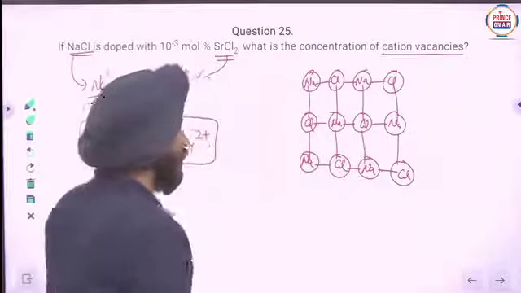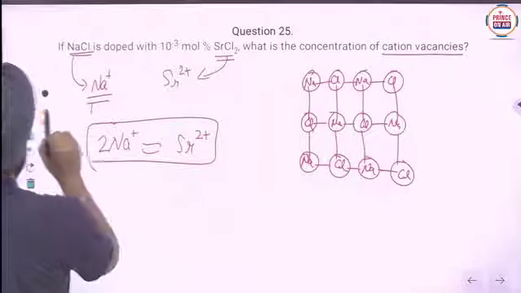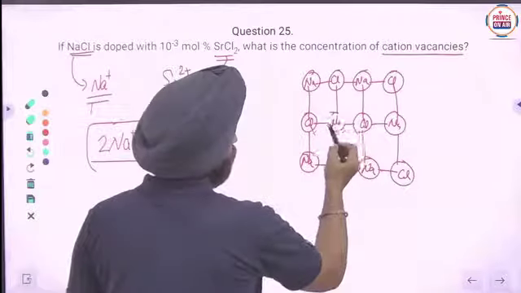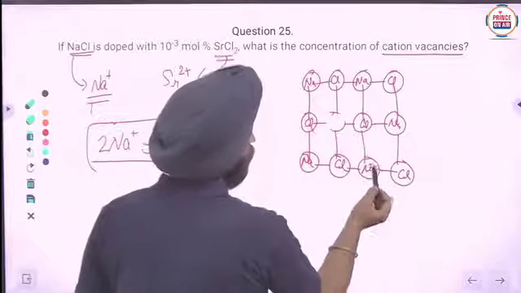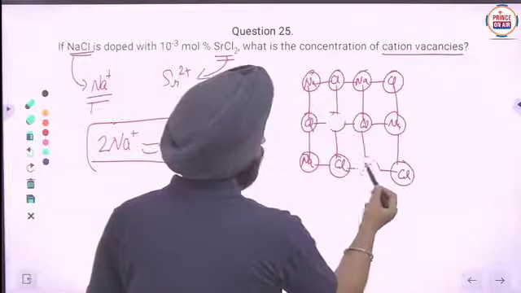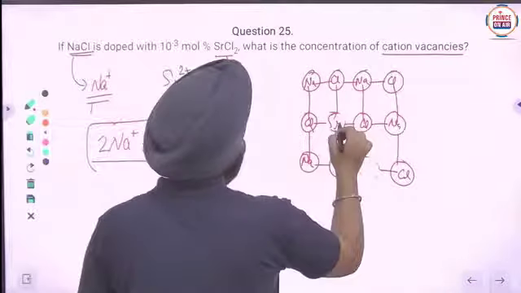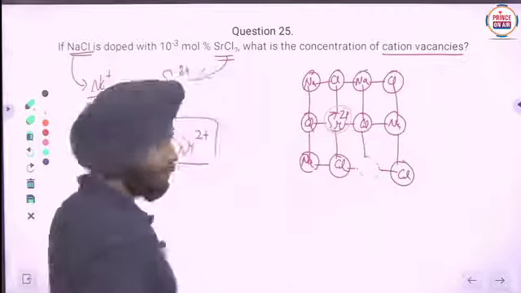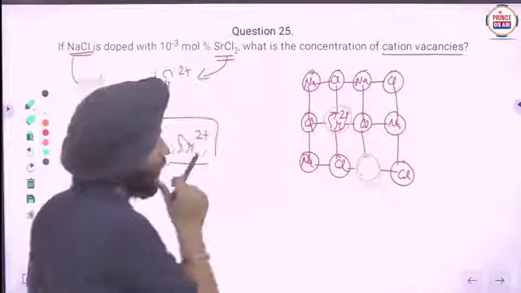Here you can see that two Na positive ions will be replaced by 1 Sr2 positive ion, and there will be the formation of a cationic vacancy.